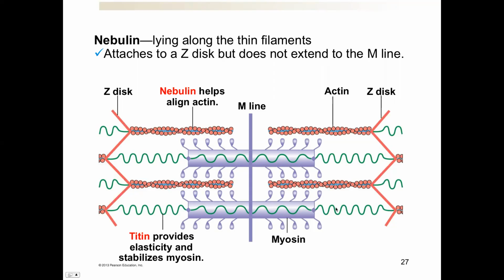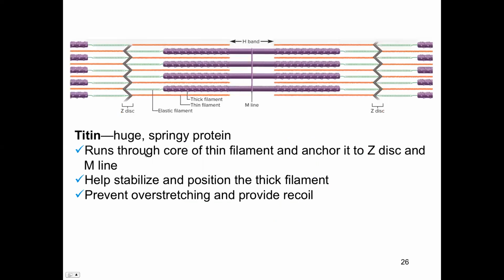So you can sort of see how it aligns to this. It attaches to the Z disc, but does not extend to the M line. You can see that it's going through here, but it doesn't really attach. So it's kind of a weird drawing, but it's really important for the elasticity of this. You never get perfect drawings. This one is a better drawing.